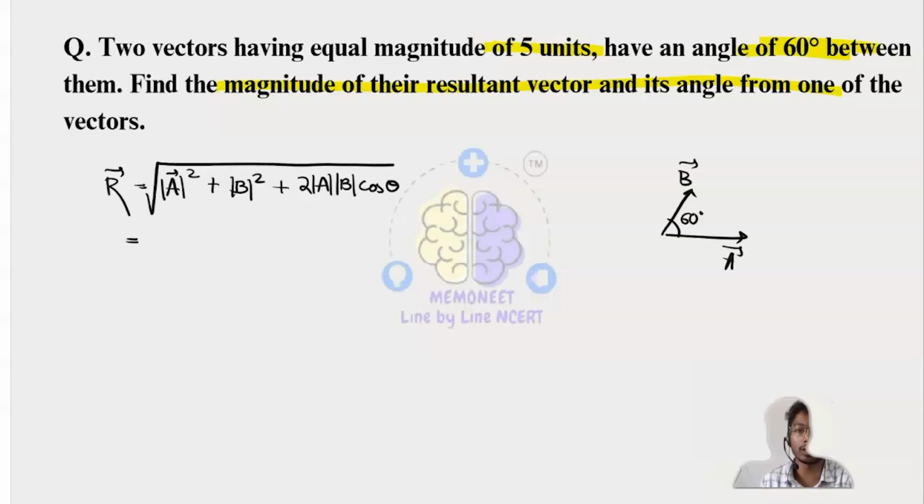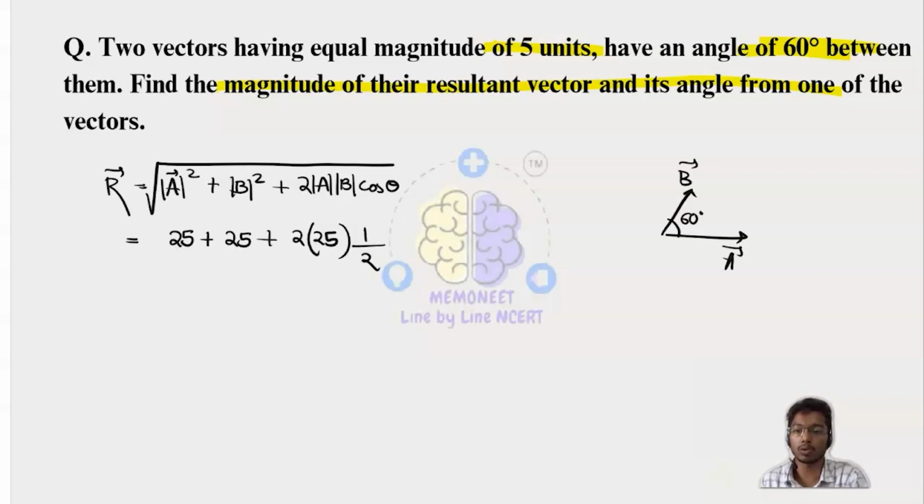So A magnitude is 5 square, that is 25, plus 25, plus 2 into 5 into 5, that is 25. A magnitude is 5 units and B magnitude is also 5 units. So 2 into 25 cos theta, and the value of cos 60 is 1 by 2.